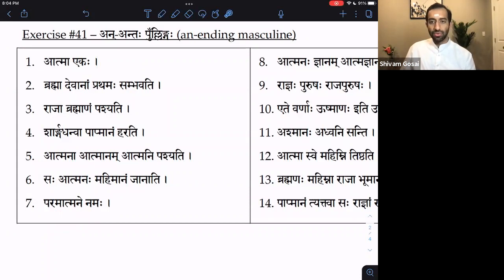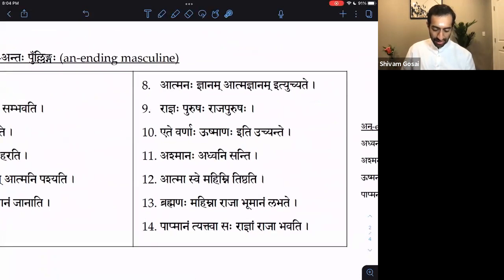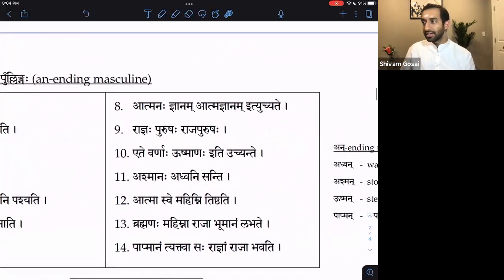Yeah, so you actually see that here too. Okay, now this is a bit funny, and we'll stop soon after this, number 8. If I just translate this off the top of my head, what it means is this: knowledge of the self is the knowledge of the self. Why is this written like this?